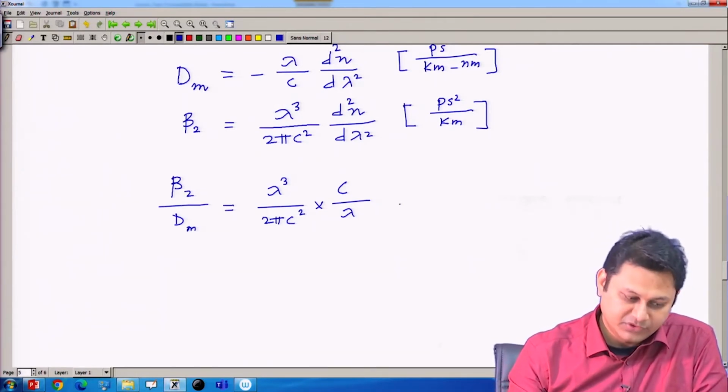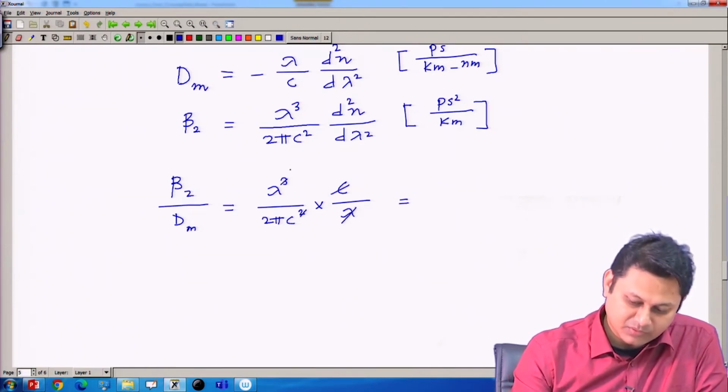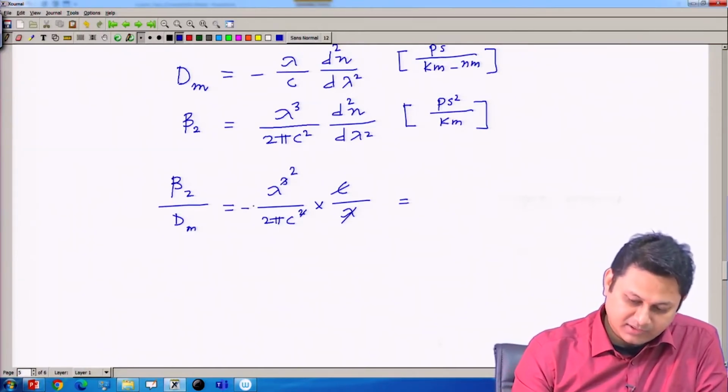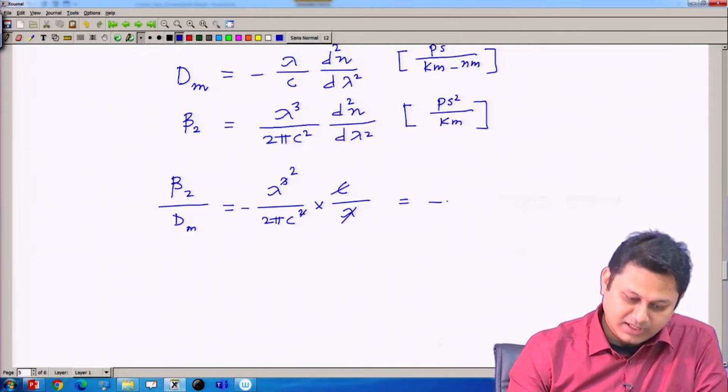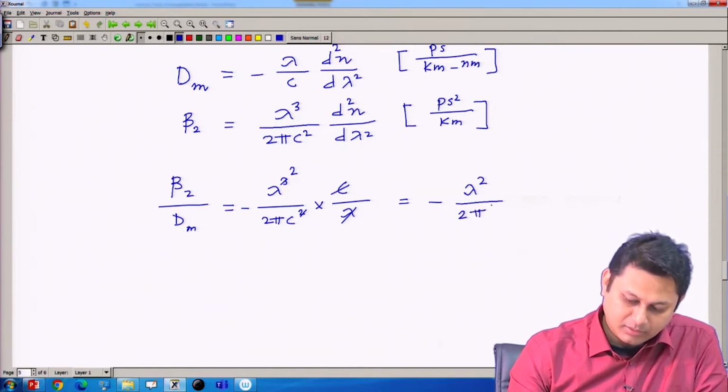So, I have eventually one c square cancel out, one lambda cancel out. So, I have lambda square. Eventually, one negative sign is there, so negative sign of lambda square divided by 2 pi and then c.